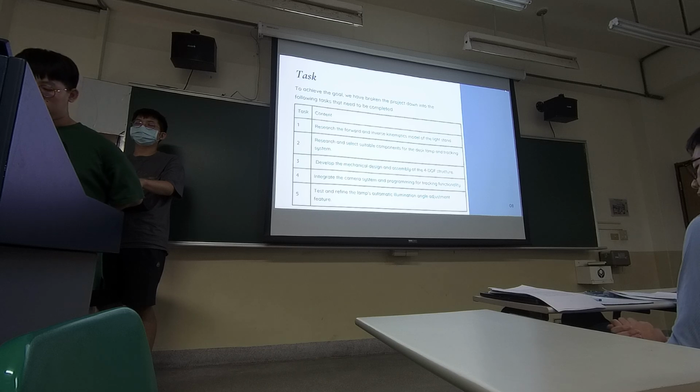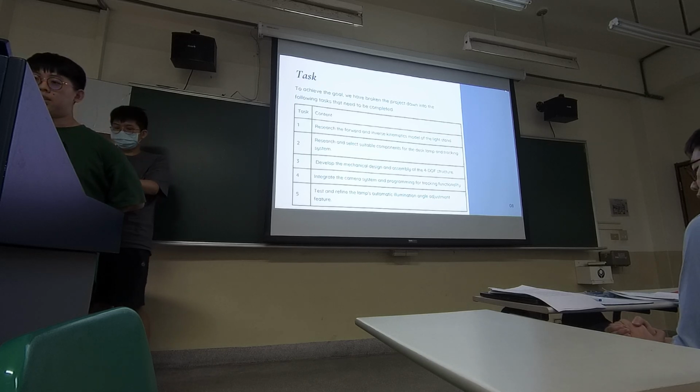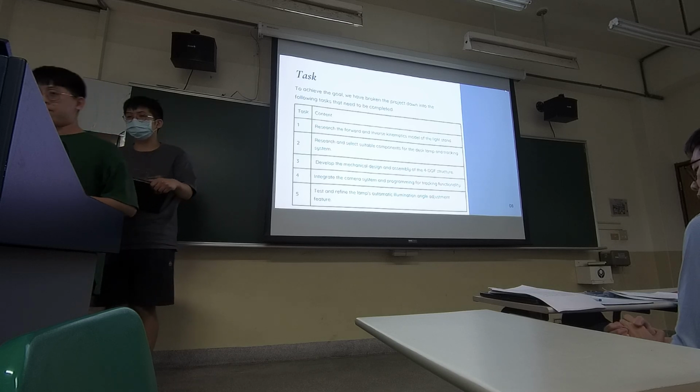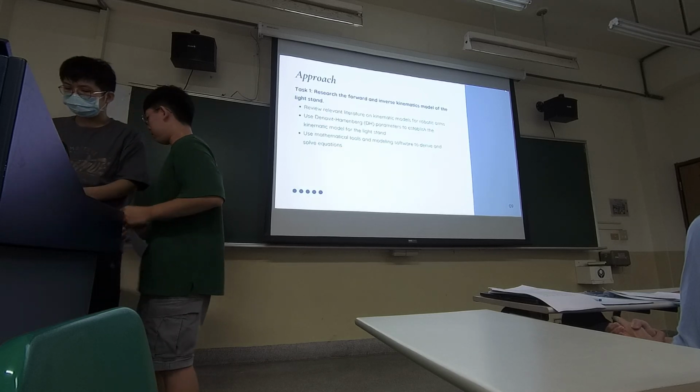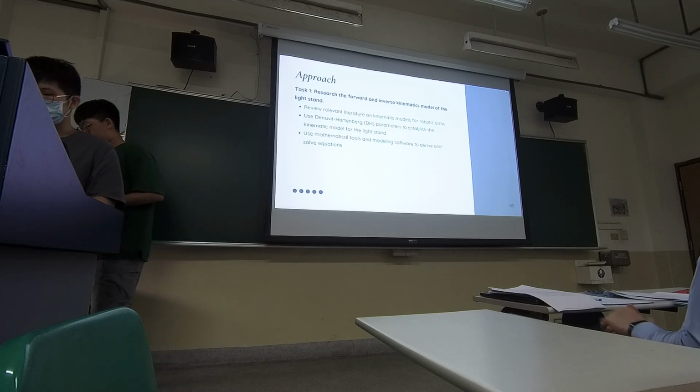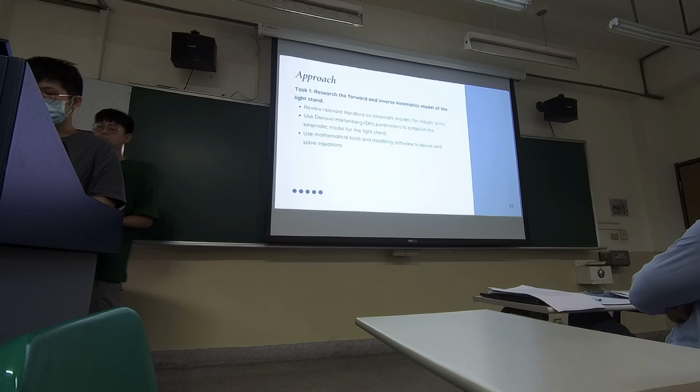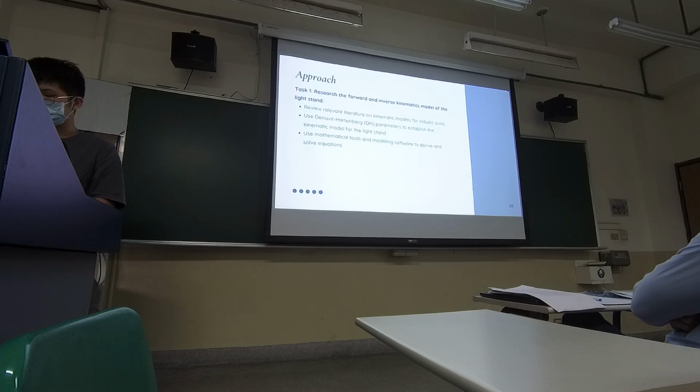To achieve the goal, we have broken the project down into the following tasks that need to be completed. The first task is to research the forward and the inverse kinematic model of the light stand, which is essential for precise movement control. By developing this model, we can calculate the end effector's position and determine the joint angles needed to reach a specific point.